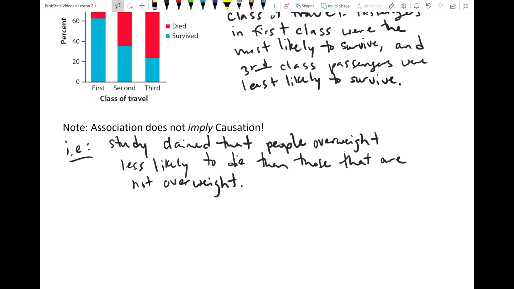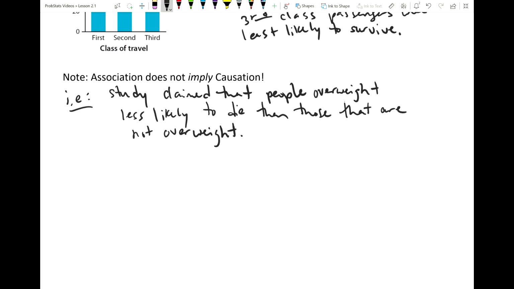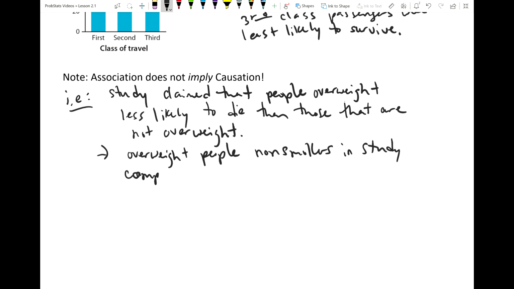It turns out the study included smokers. So in this example, the overweight people were non-smokers in the study, and they were being compared to smokers.